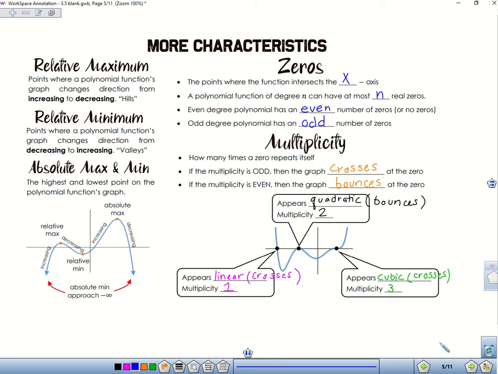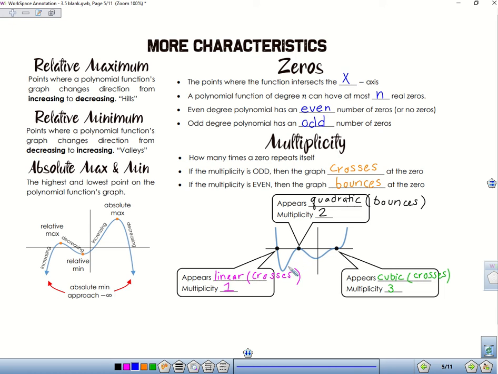So what this means is when we have a multiplicity of 2, it actually bounces on the graph. It appears like a quadratic. On the graph here, we have a situation where we have a multiplicity of 2, meaning that zero, wherever we hit the x-axis, which looks like about -3 in this scenario, occurs twice.